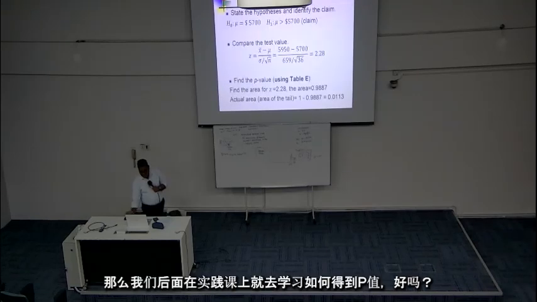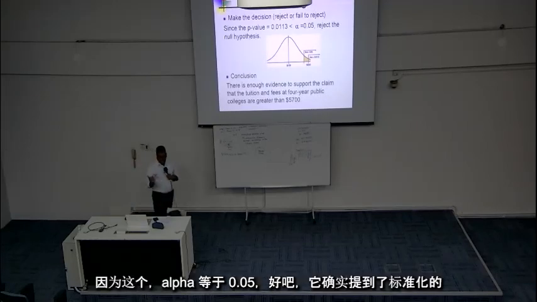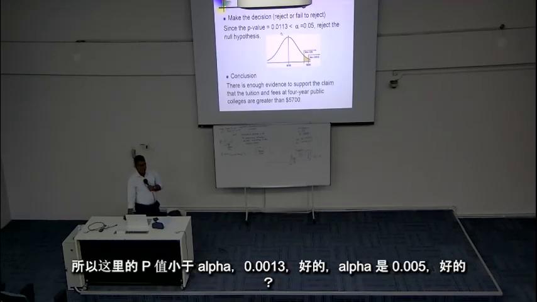Later we will study how to get the p-value during the practical class. So our decision is based on the p-value. Since the alpha is equal to 0.05, the standard one if they don't mention it, and the p-value is 0.0113, the p-value here is less than alpha.